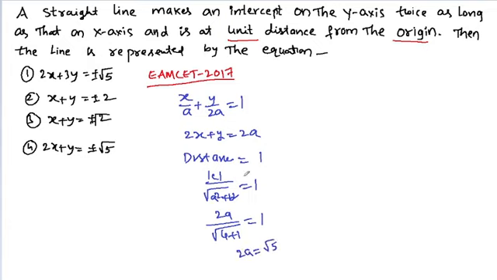So substituting 2a value in the given line equation, 2x plus y is equal to 2a. So therefore the equation of the line is plus or minus root 5. Here 2a is a distance, that is why we are taking plus or minus root 5. So hence the equation of the line is 2x plus y is equal to plus or minus root 5. From this, the fourth option is the correct answer.